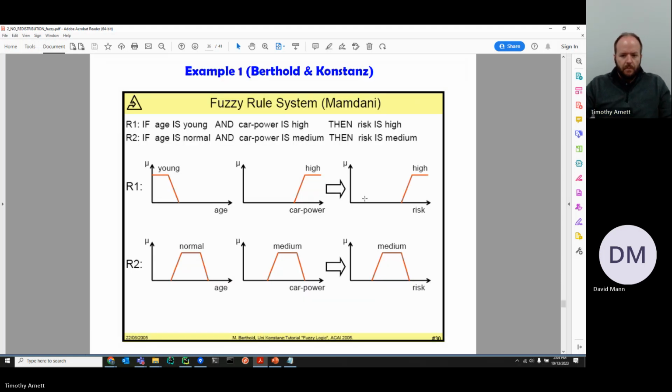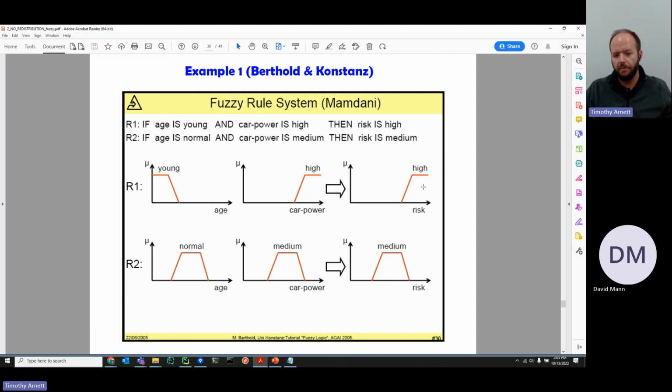What we're seeing here are called Mamdani fuzzy systems, where the output sets are also fuzzy sets. They have membership functions that are non-singletons, actual fuzzy sets.